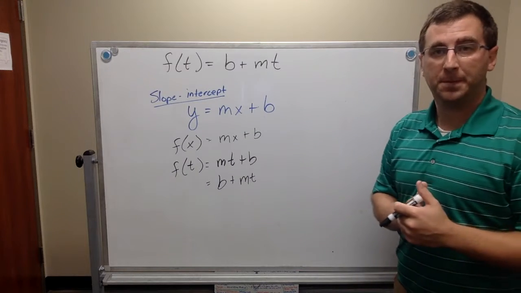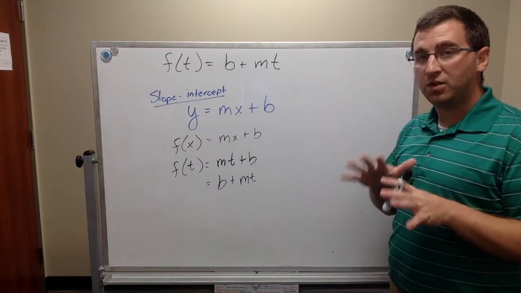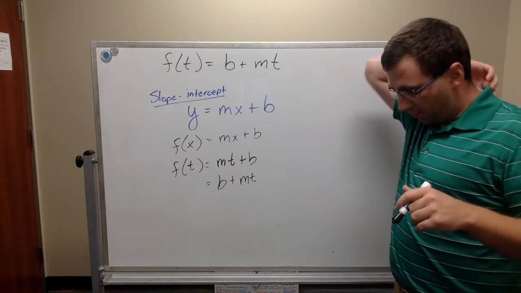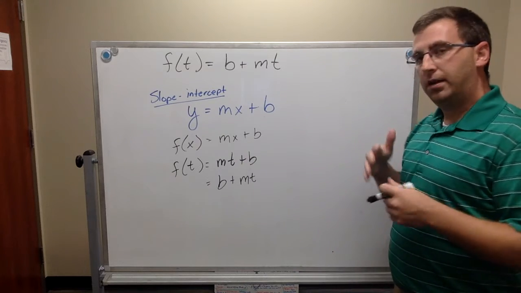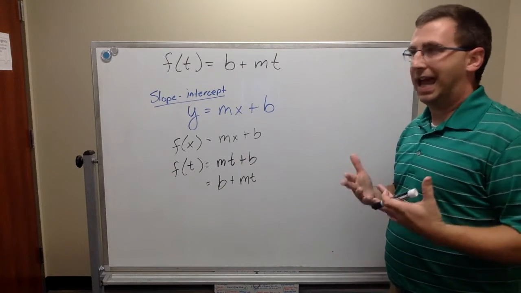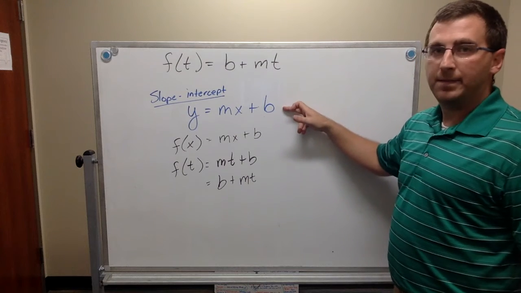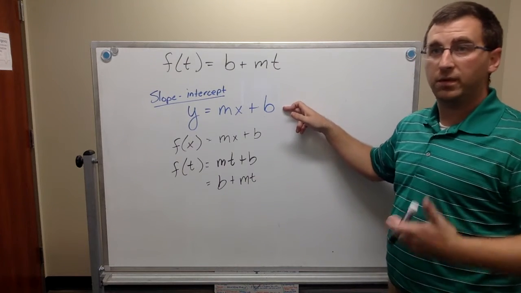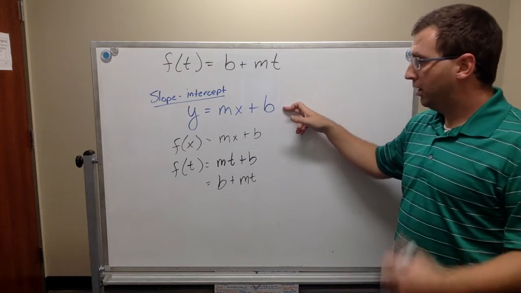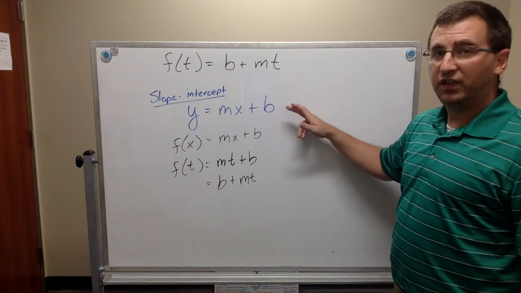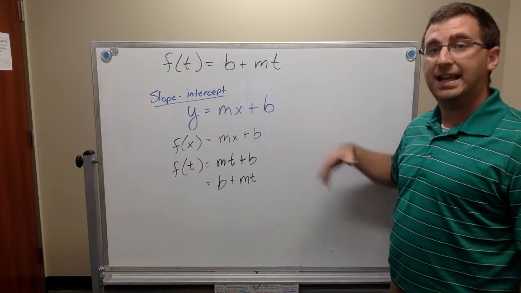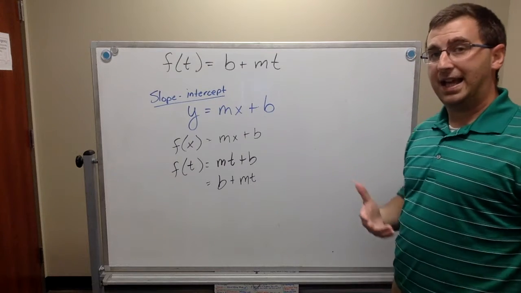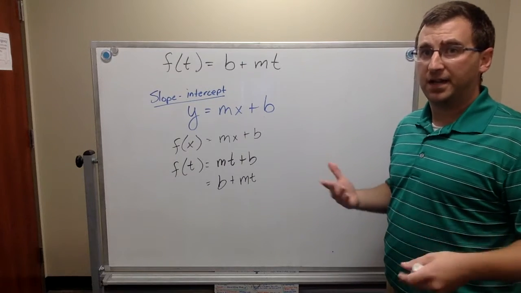That's all it is. So I just want to make sure we get that out in the open. The confusion does happen, but it all stems back to this form that we're familiar with, at least back in high school or other institutions. It's still slope-intercept form. We're just seeing it in function notation. We're seeing it as t is your variable instead of x.